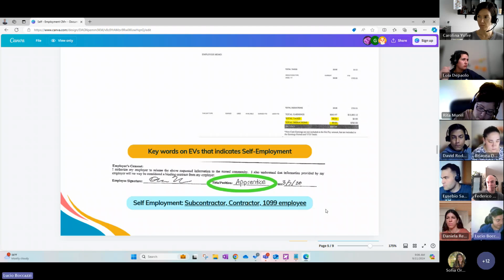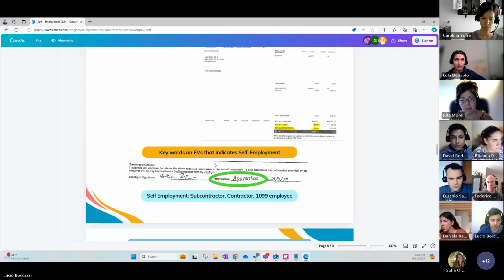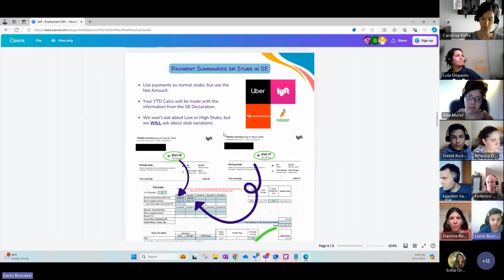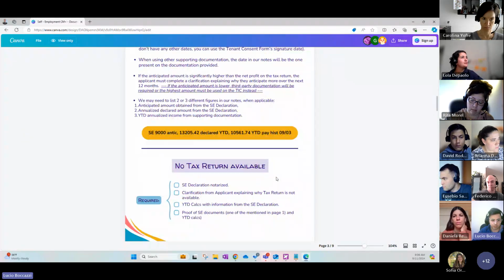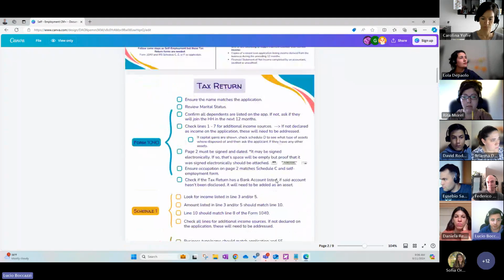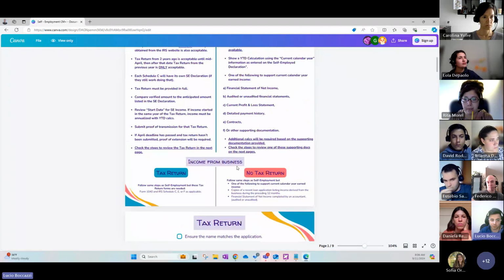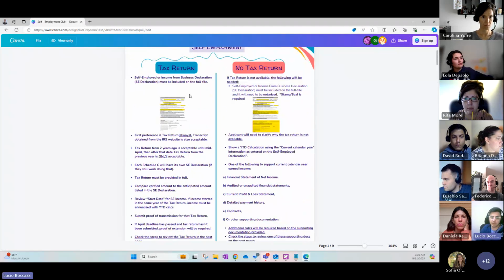Awesome. So if you haven't checked the cheat sheet, everything is covered now, and we actually added a few extra things in the tax return review yesterday that will help you go through the entire tax return and be able to spot those things that may need to be addressed and how to run calculations as well. So, as I was saying before, always the first preference will always be the tax return.